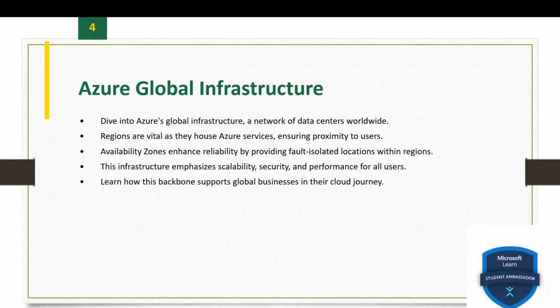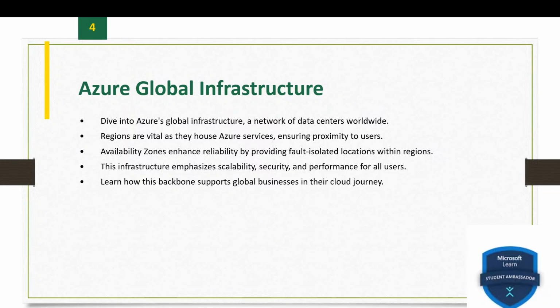Global coverage. Azure operates in over 60 regions worldwide, more than any other cloud provider. These regions are distributed across the Americas, Europe, Asia, Africa, and Australia, making it easier for organizations to choose a region close to their users or business operations.